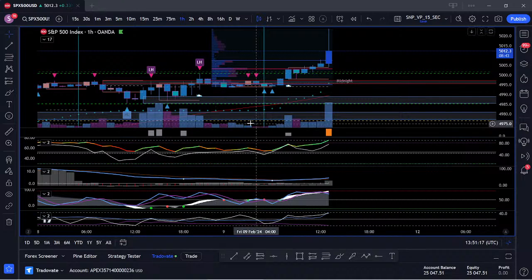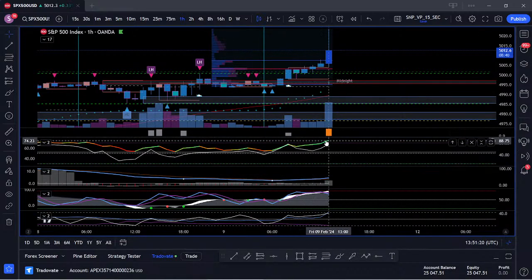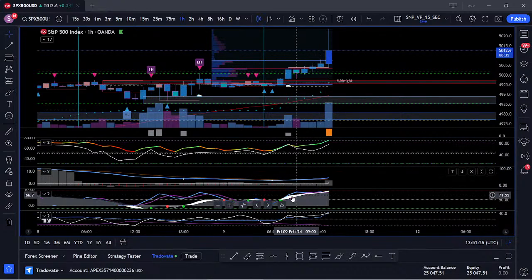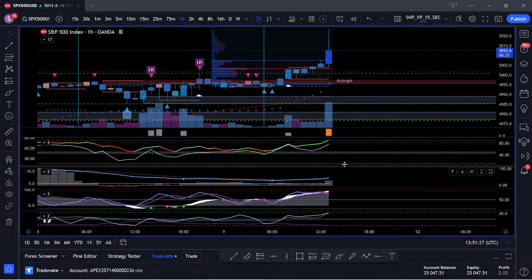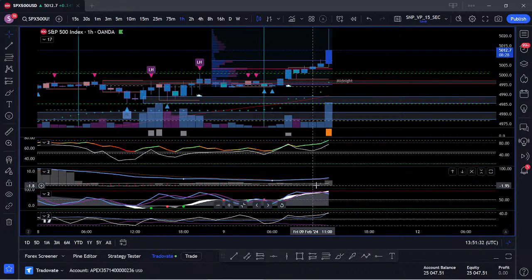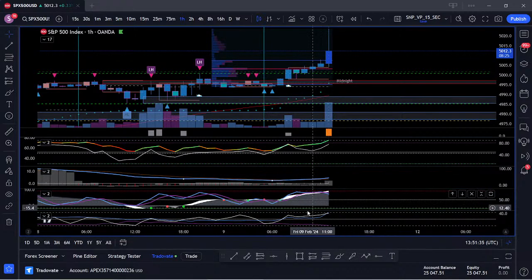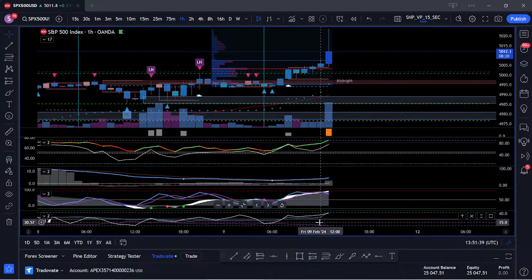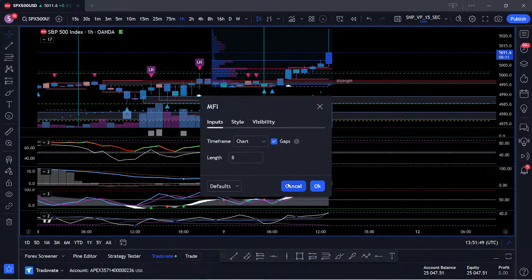That's the weak volume. Okay, RSI is positive. MFI money flow index is positive, also above. MACD price action is up. And TSV volume is up, positive. Stochastic. And here we have the ADX, 2 lines. And we have MFI money flow index 8 days period length, but this one is 14 days.